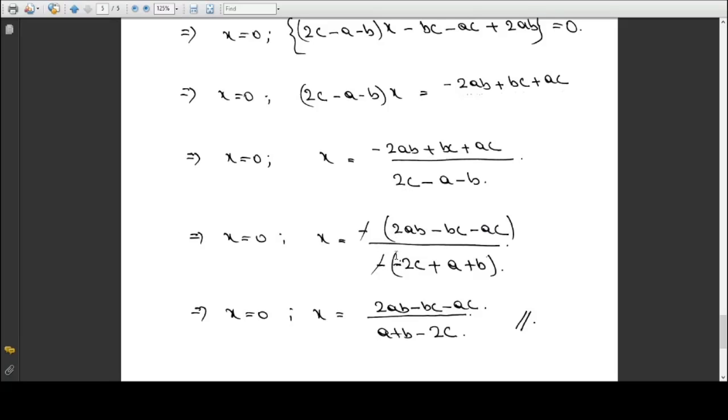Minus plus will get minus, 2c will be minus. Minus will get plus, a will be plus. And then minus with minus again plus, b will be plus. Then you have minus sign here and minus sign below, then you cancel this minus minus. You will have x equal 2ab minus bc minus ac by a plus b minus 2c as the answer.